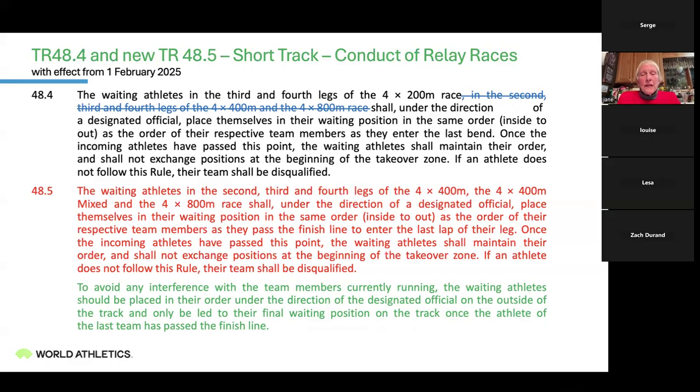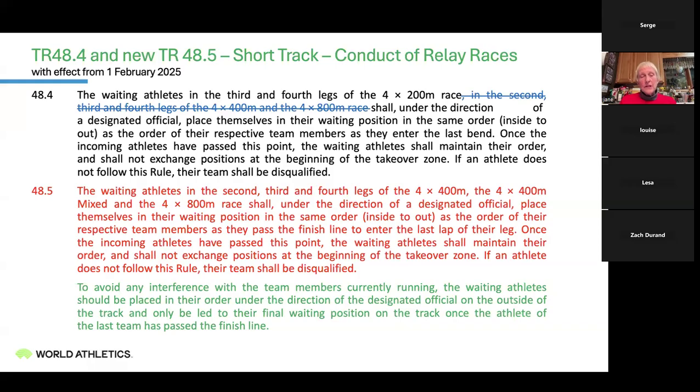The waiting athletes in the second, third, and fourth legs of the 4x400, 4x400 mixed, and the 4x800 race shall, under the direction of a designated official, place themselves in their waiting position in the same order, inside to out, as the order of their respective team members as they pass the finish line to enter the last lap of their leg. Once the incoming athletes have passed this point, the waiting athletes shall maintain their order and shall not exchange positions at the beginning of the takeover zone.